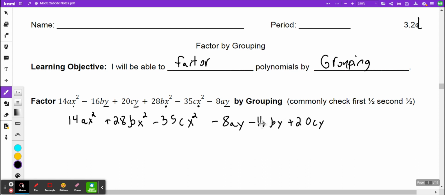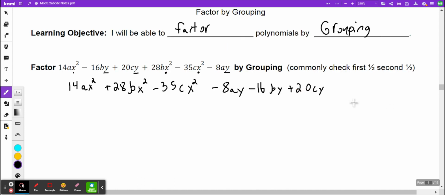If I look at this, it looks like I have an x squared here. They all have x squared. And if I look at these, they all have y's. So if I were to pull out something, I could pull out an x squared. But if I look at this, I see, hey, this is 14. The multiples of 14 would be 7 times 2. All right, so let's remember that.